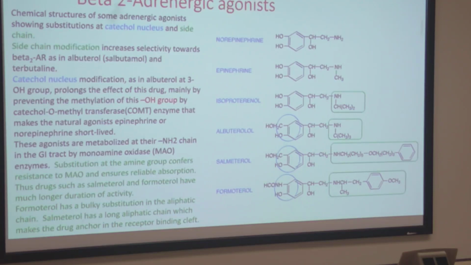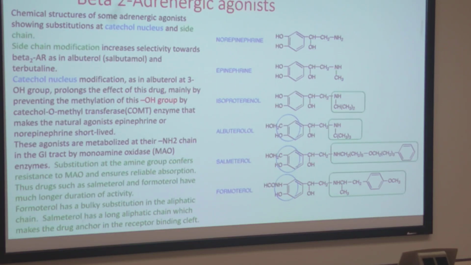Remember dopa, dopamine, norepinephrine, epinephrine, they are all categorized as catecholamines. And the metabolism of which amino acid gives rise to these metabolites? Tyrosine. That's exactly true.